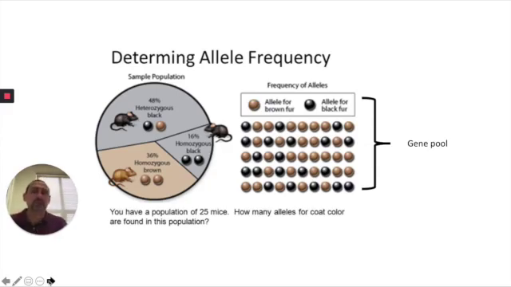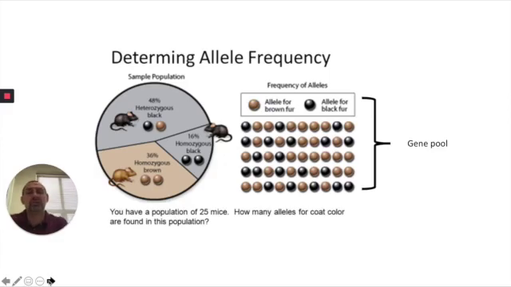If the two genes pair together and they are for the black trait, then the fur color of the mouse is black. If the two genes pair together and they are for the brown trait, then the mouse is brown. If there's a black allele and a brown allele together, the dominant trait will show up. In this case, that will be black. The dominant allele shows up.